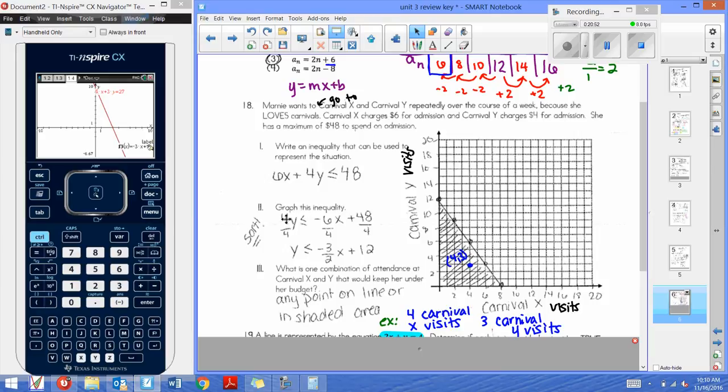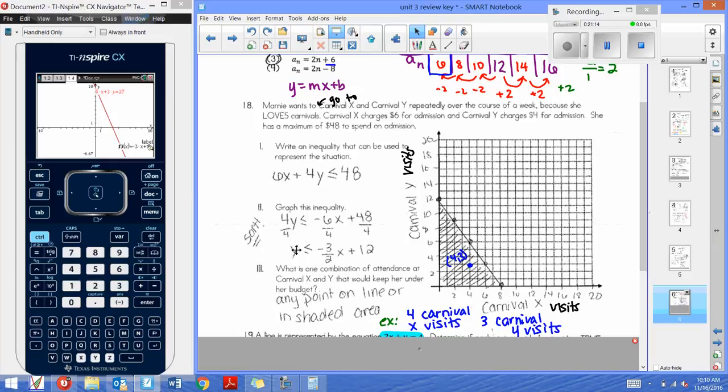So what did we do to get from here to here? Well, let's talk about that. We moved the 6x over to become minus 6x, divided everything by 4, and this is the inequality that we ended up with. So we started at 12, went down 3 to the right 2, went down 3 to the right 2, and so on and so forth. It fit nicely by just counting by ones.